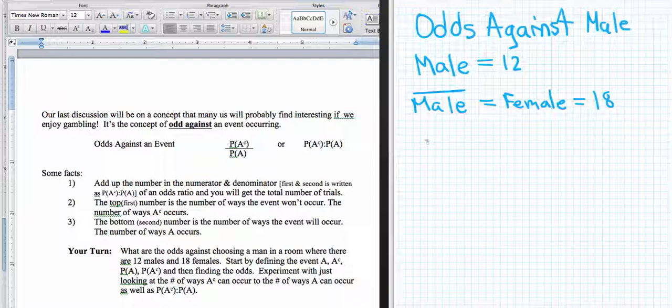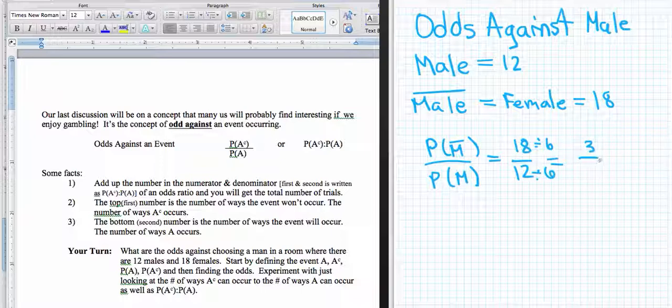And so if I wanted the not male, and I'm just going to abbreviate that with an M, and the probability of a male here, what I have really going on here is 18 to 12, don't I? And that, of course, simplifying because both are divisible by 6, and you know you don't ever leave fractions unreduced, so this looks like 3 to 2. And that would be our odds ratio right there.